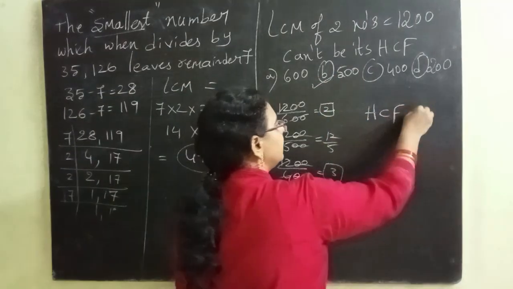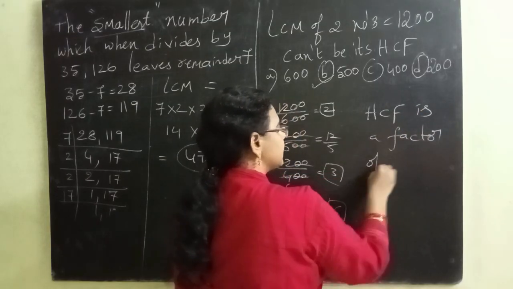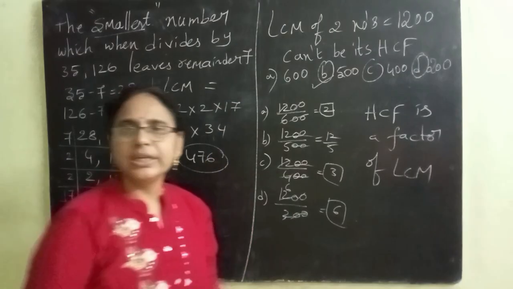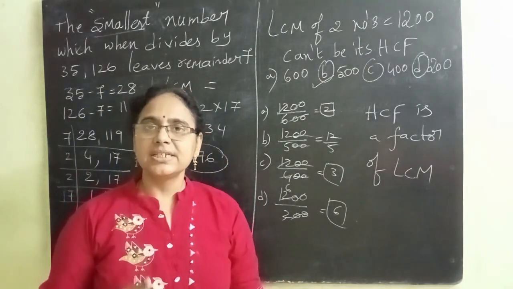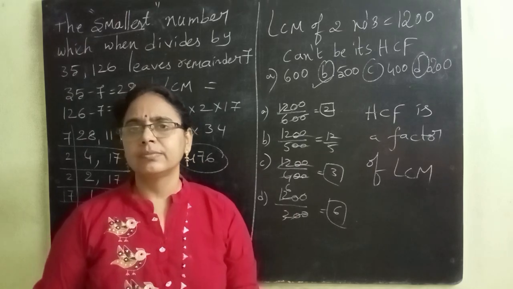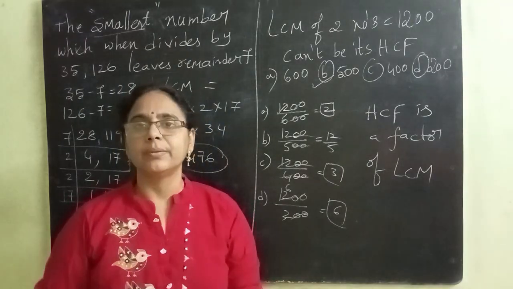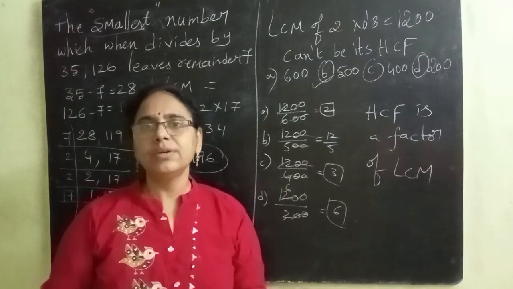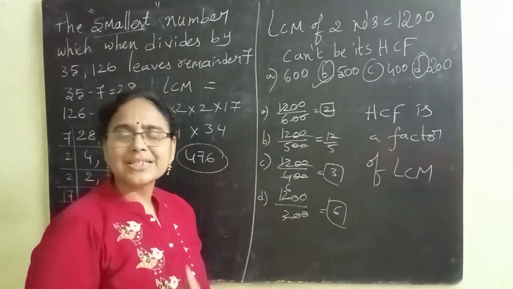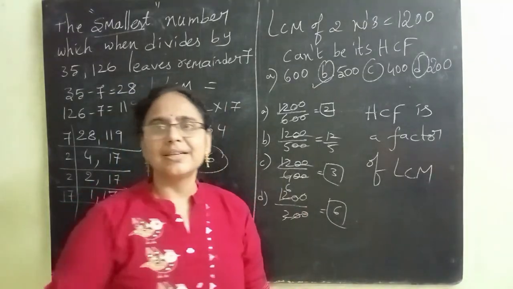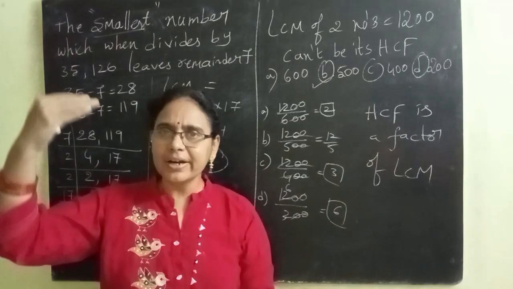HCF is a factor of LCM. So remember, you will surely get a question like this one. HCF is a factor of LCM, LCM is a multiple of HCF, both exactly divisible. Only if it is like that will we say it's right. If you want, as a verification you can check like this: you got some answer as HCF and some answer as LCM. Are both correct or not? If you have some doubt, divide the two.